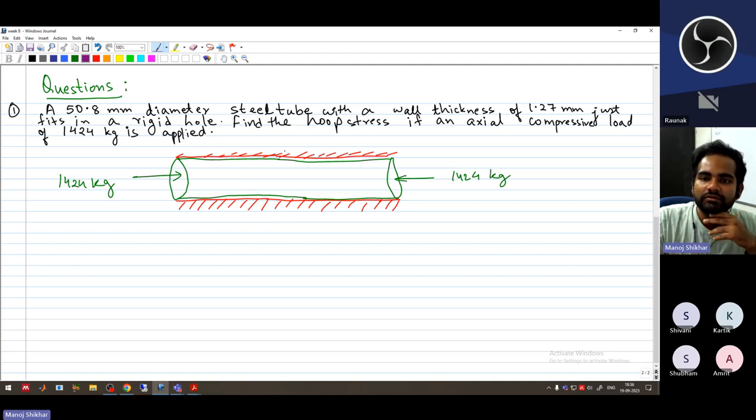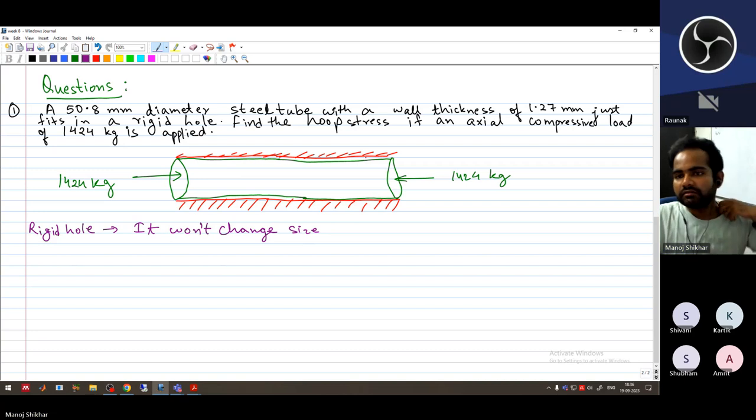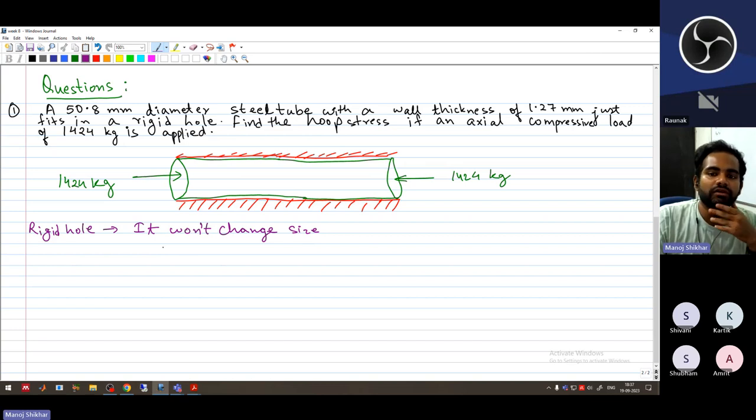But since they have given a rigid hole, what does rigid hole mean? It won't change size. The size of this hole will remain the same. This body is fitted in this hole and we are compressing it, but the size of the hole will not change, and this hole is immovable. It won't move.